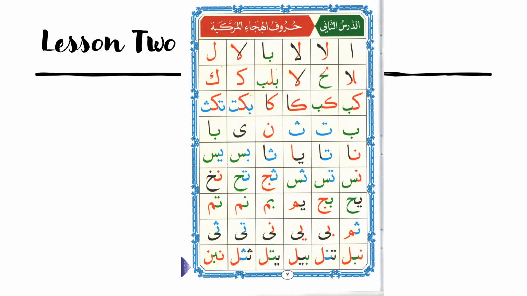So alif, lam alif, lam alif, ba alif, lam alif, lam, lam alif, lam ha. If you notice, I told you before that with the ha, jim, and kha, the letter that comes before them, usually that happens with the ba, ya, ta, tha, noon.